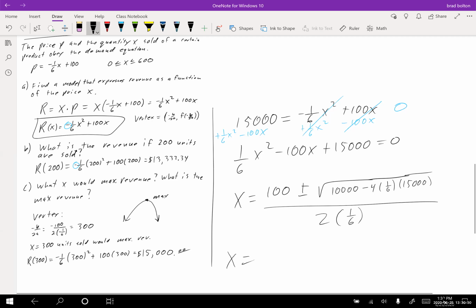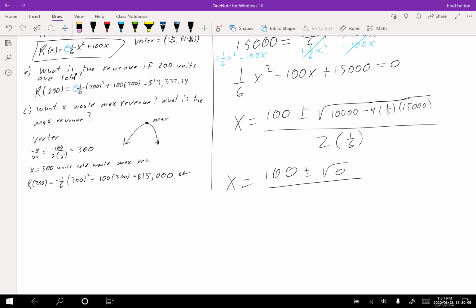Okay, so those cancel. So then we're left with 100 plus or minus the square root of 0 all over, what is that, 2/3, right? Because 2/6, oops, not 2/3, 1/3.